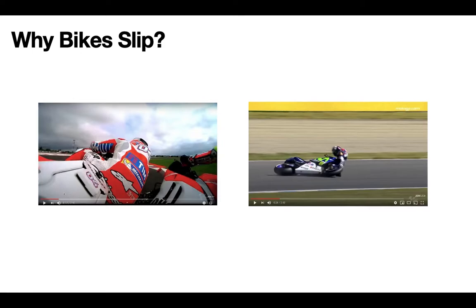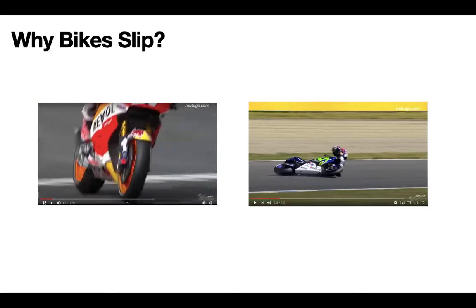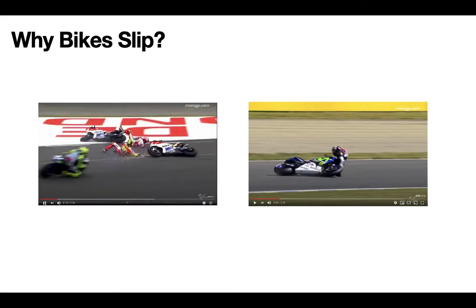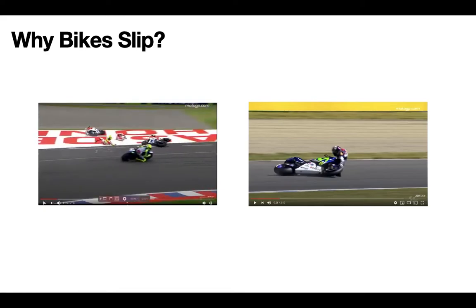Now the question will come to your mind: why does the bike slip? Okay, look at this video. This is a MotoGP race video. See, it skid. Now we can look at the second video.